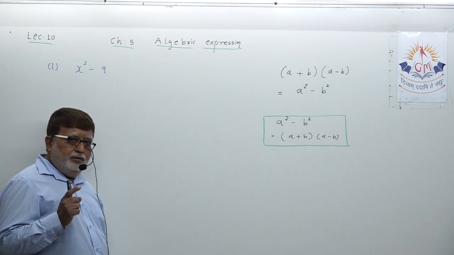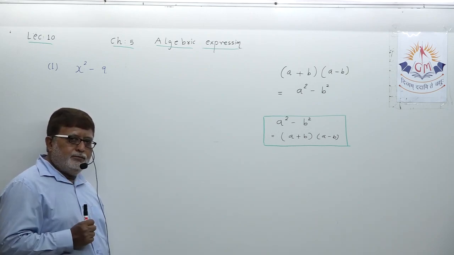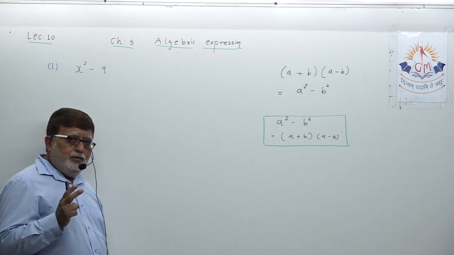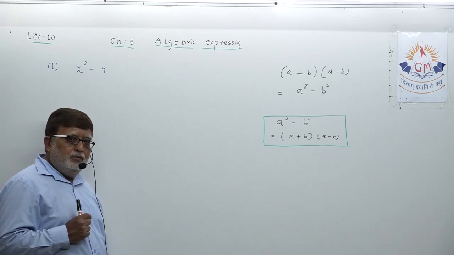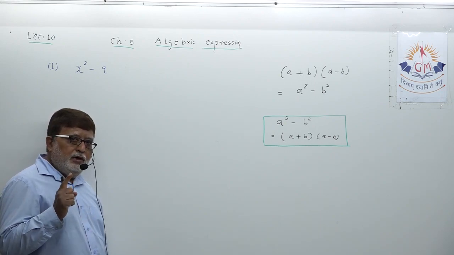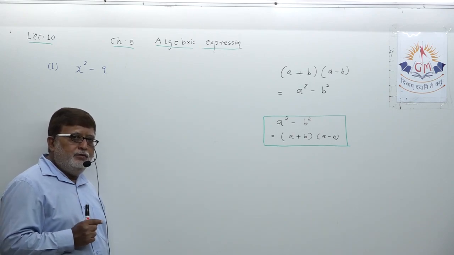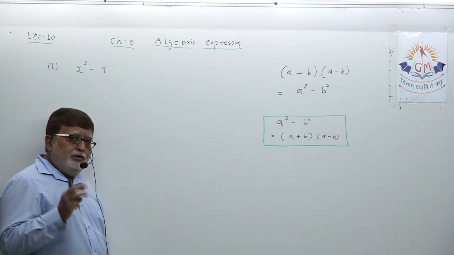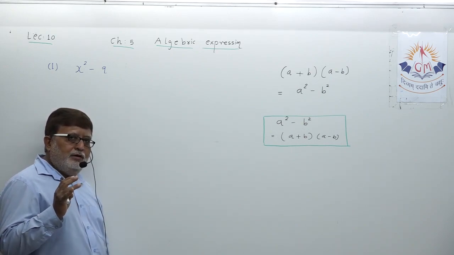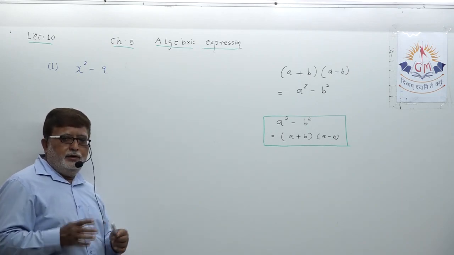Whenever you come across such an identity where there are 2 terms, between the 2 terms a negative sign, and both the terms are perfect squares, meaning their square root must be possible. These 3 are the conditions for application of this identity.